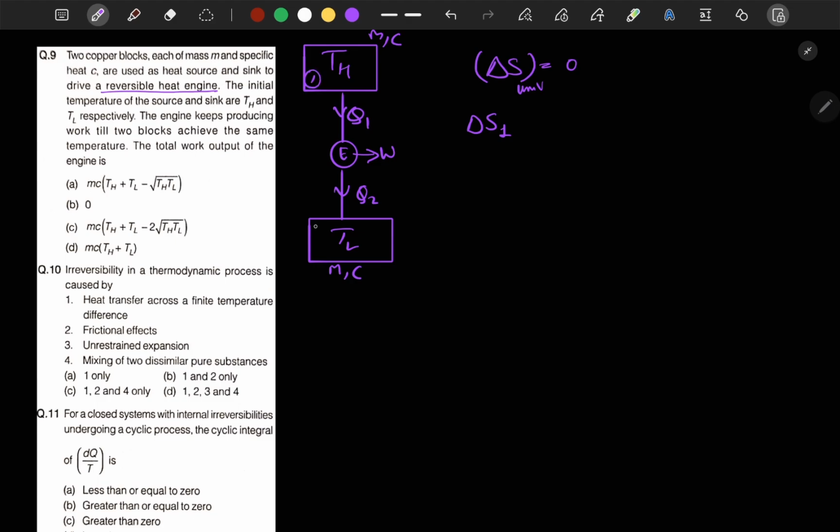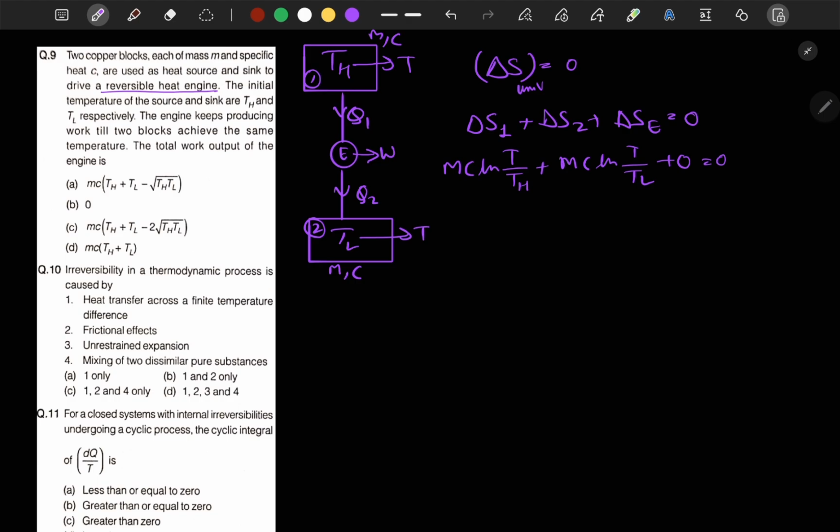Let's say this is block 1 and this is block 2. Delta S for 1 plus delta S for 2 plus delta S for the engine should be equal to 0. For a solid block, the change in entropy is mc ln of final temperature T over initial temperature. Both attain the final temperature T, so we get mc ln T by Th plus mc ln T by Tl, plus the engine's change in entropy, which is 0 since the cycle is reversible.